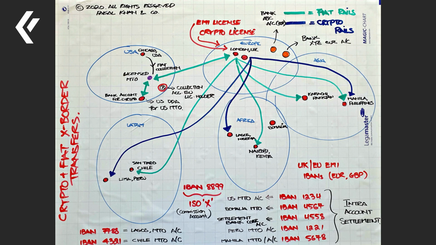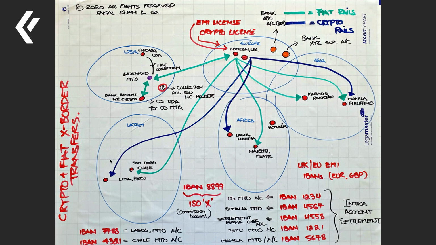The EMI license has an agent, which is a licensed cryptocurrency exchange, or cryptocurrency wallet rather, from Estonia. They are also an agent, so not only can they take cryptocurrency and deliver it, they are able to deliver it because they are an agent of the EMI license. Again, they have their account also in the same EMI institution, so settlement and transfers are instantaneous.